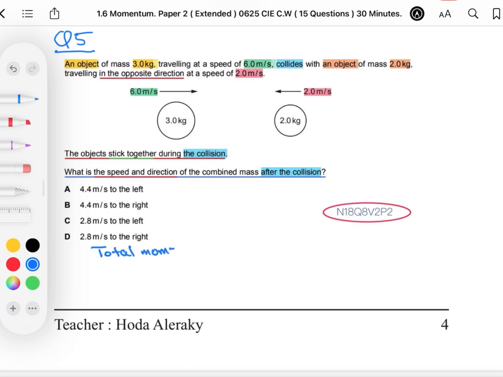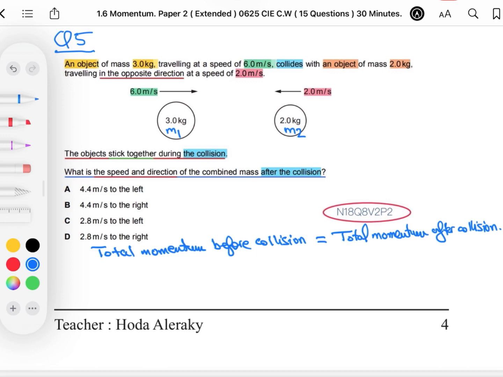So let's write here the principle of conservation of momentum: total momentum before collision is equal to total momentum after collision. We will consider this M1, we will consider this M2.